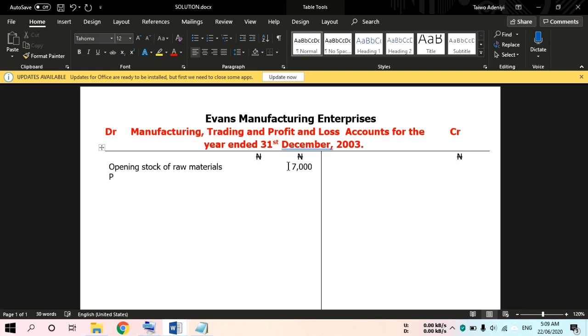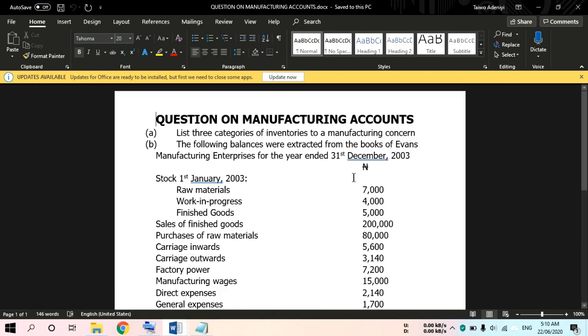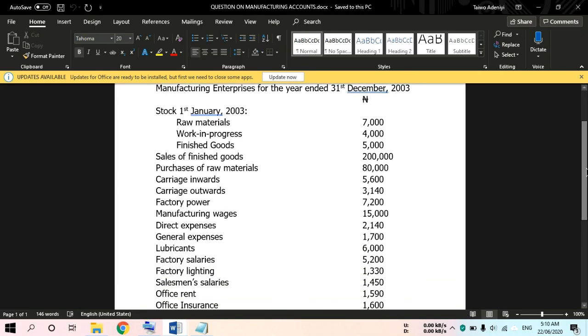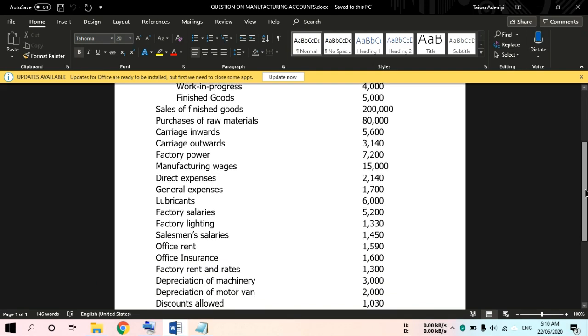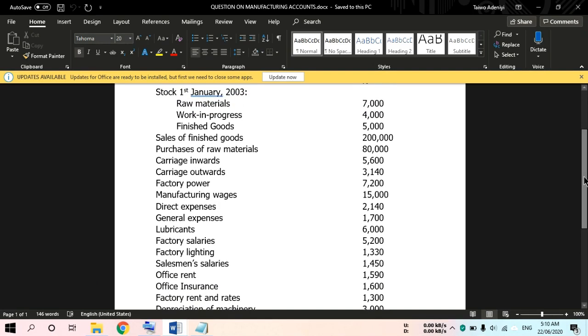Next, purchases of raw materials. Now, before we put the purchases of raw materials, whether it's going to be here or here, let's check the question and see if there is carriage inwards of raw materials. Carriage inwards, you can see carriage inwards, but it's not on raw materials. Once it is like this, definitely you should treat this to be on finished goods. So let's check through.